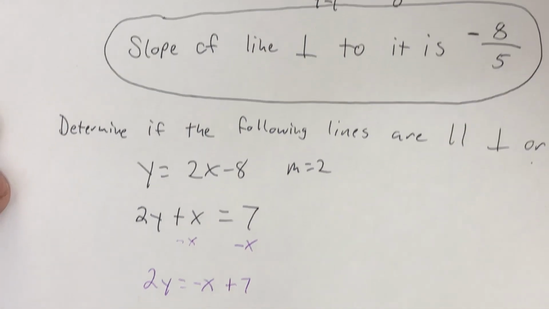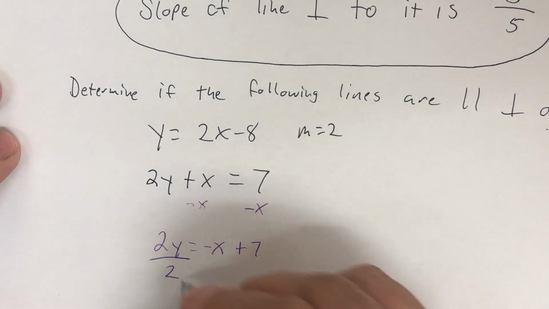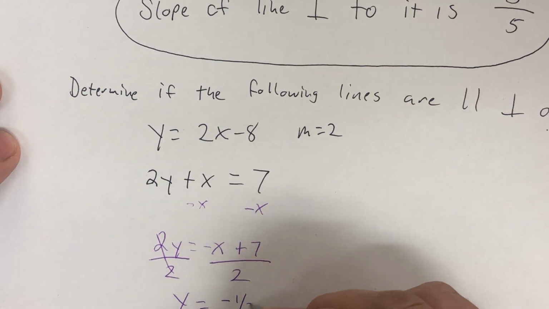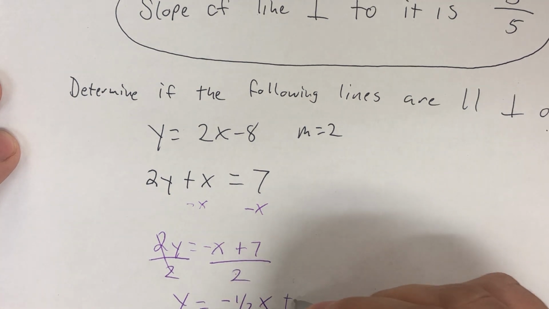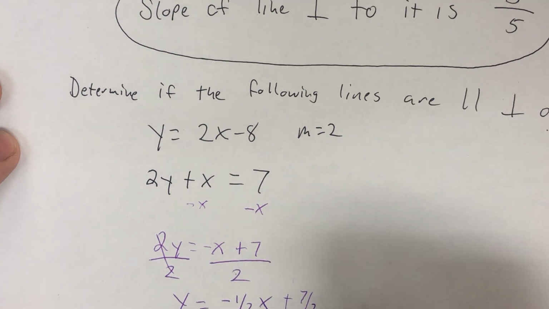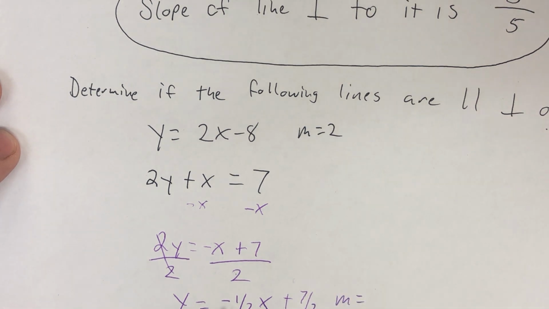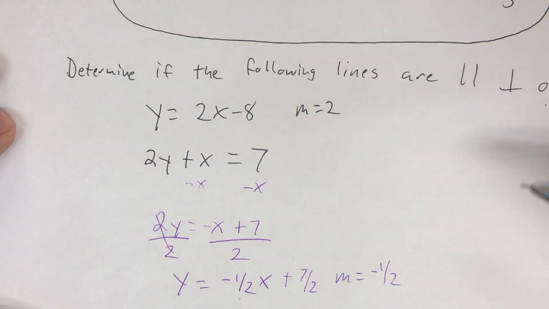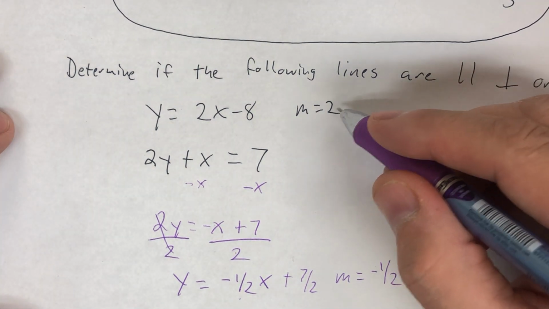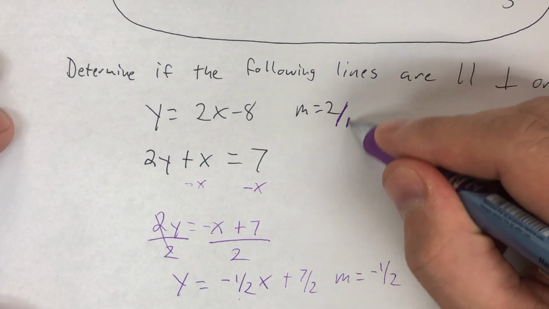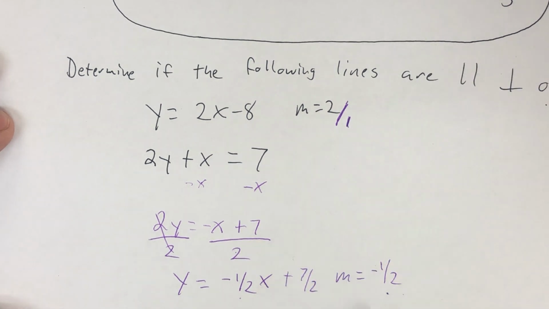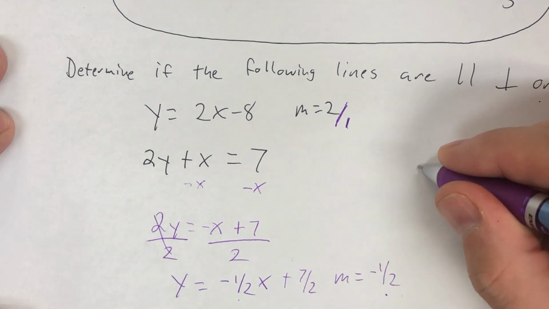Next step is to divide both sides by 2, and y is equal to negative 1 over 2 x plus 7 over 2. So the slope of this line is negative 1/2. When I look at these two slopes, I have positive 2, which is 2 over 1, and negative 1/2. Those are opposite reciprocals, so the lines are perpendicular.